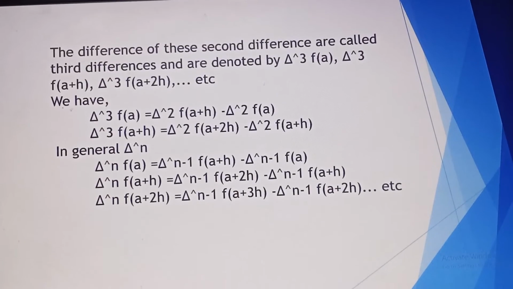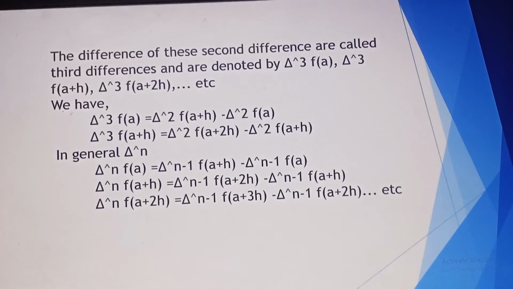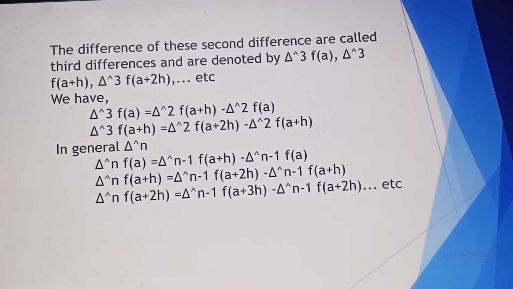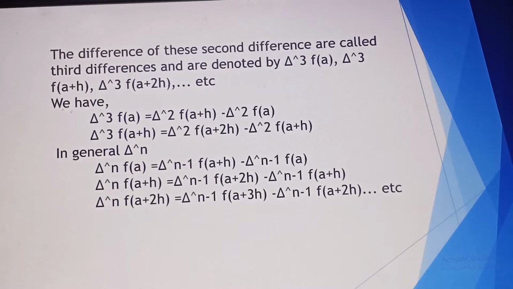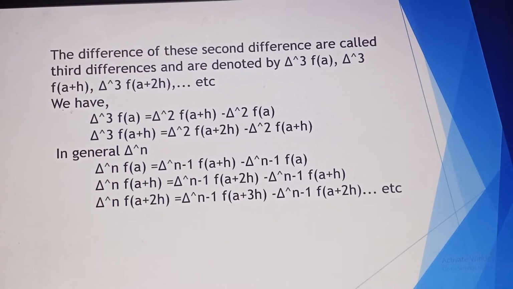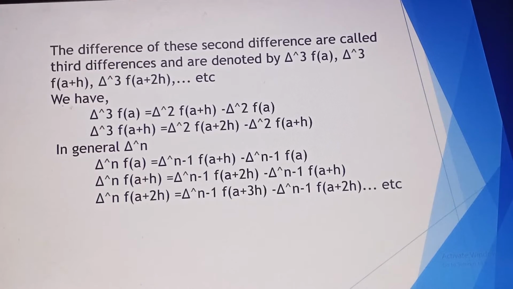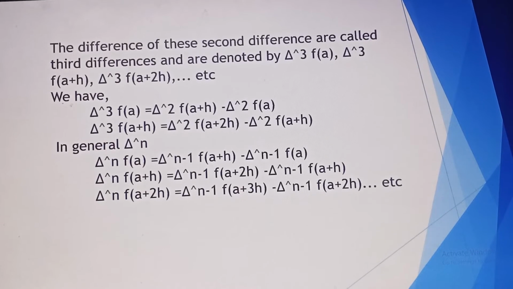The differences of these second differences are called third differences and are denoted by delta cube f of a, delta cube f of a plus h, delta cube f of a plus 2h, etc. We have delta cube f of a equal to delta square f of a plus h minus delta square f of a.